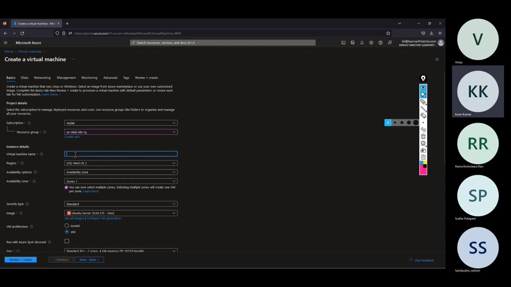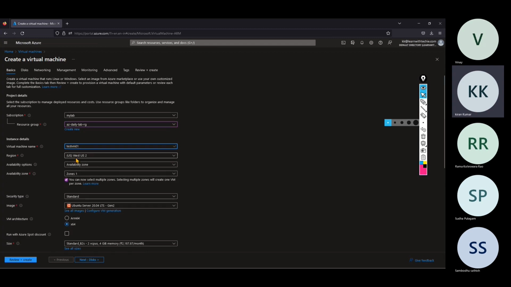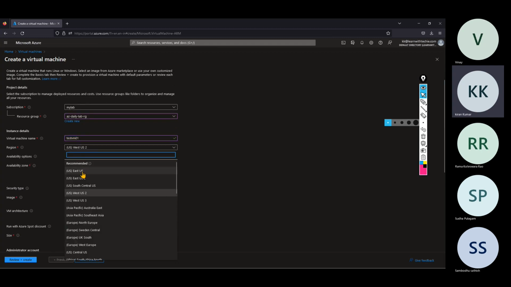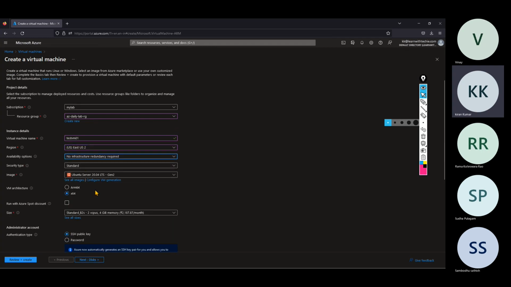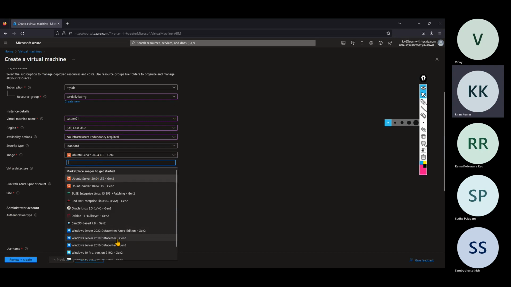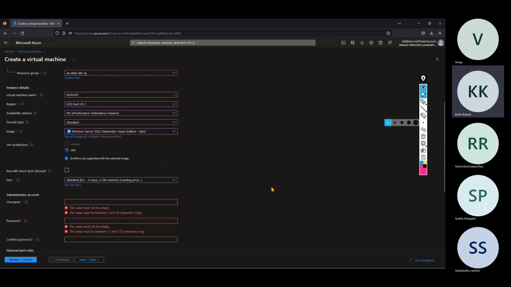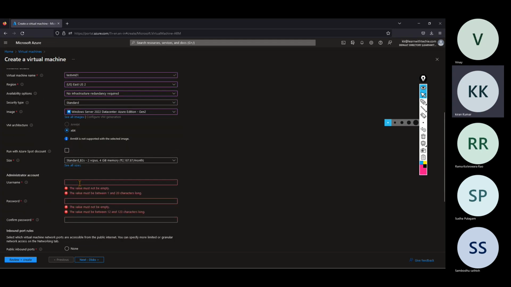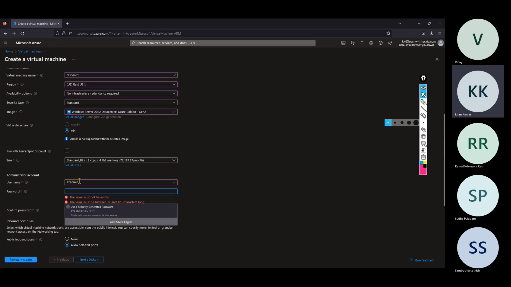It's something like web VM, or you can give it test VM also. That's not a problem, any name you can provide. Here I'm providing East US 2, with no redundancy. For the operating system, I'm going to select the latest Windows Server 2022, then the VM size, user ID and password.